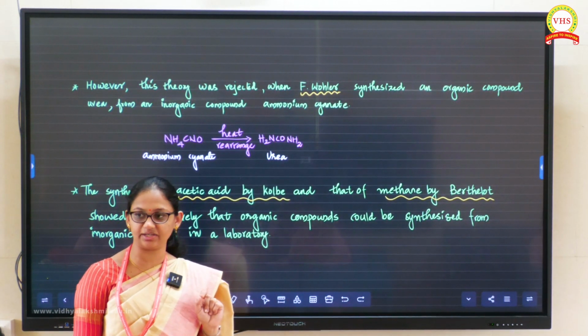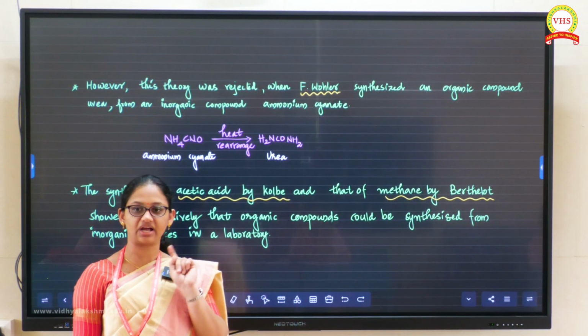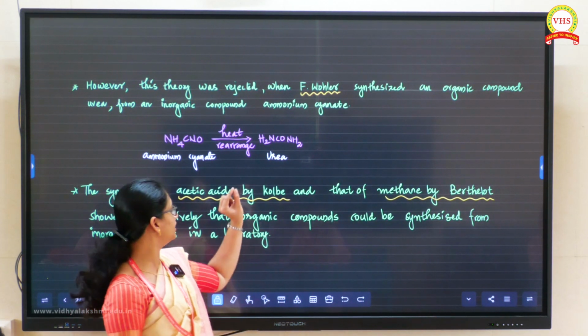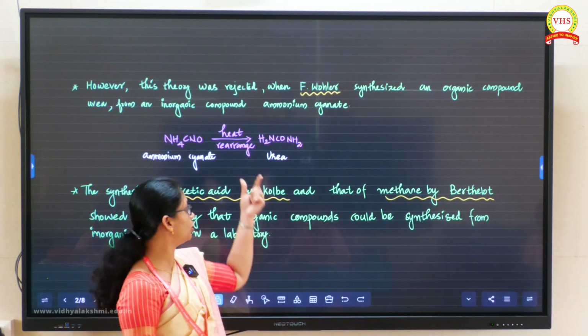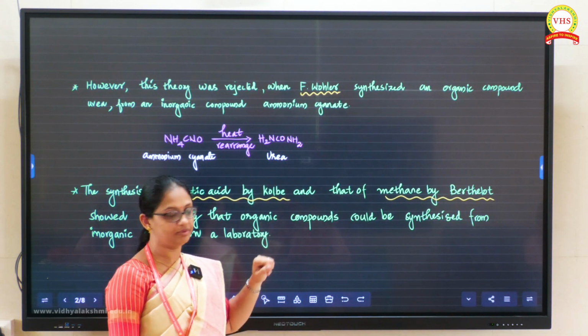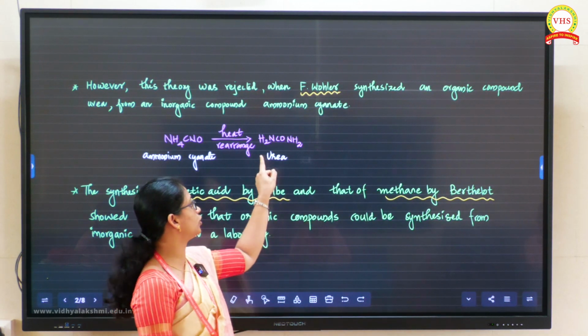How many hydrogen atoms? 4 hydrogen atoms, 1 carbon atom, and 1 oxygen atom. Here heat is applied, and it undergoes a rearrangement reaction to give urea. What is the formula of urea?